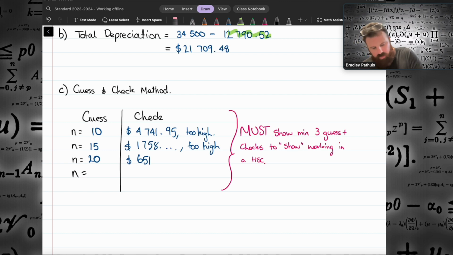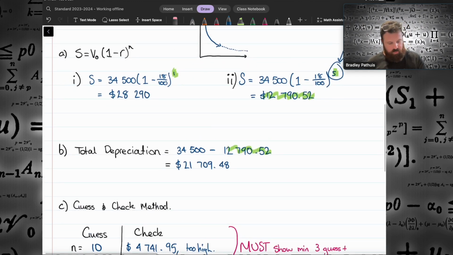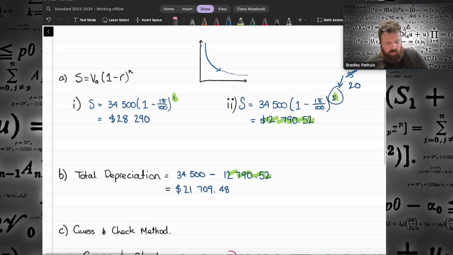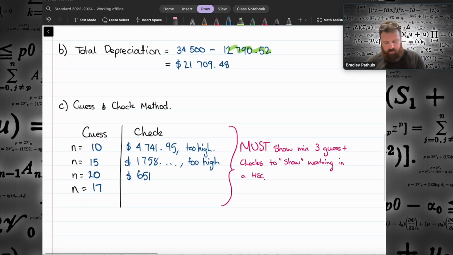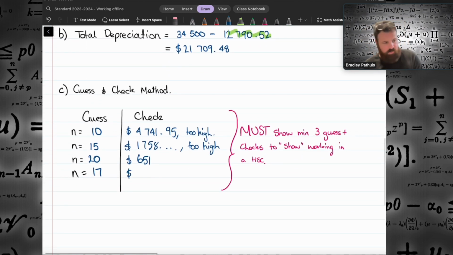Let's try n equals 17. So when I plug again, I'm now going to change the 20 to the value of 17. And when I do that, I get the value of $1,182.10, which is too high, but it's only fractionally too high.